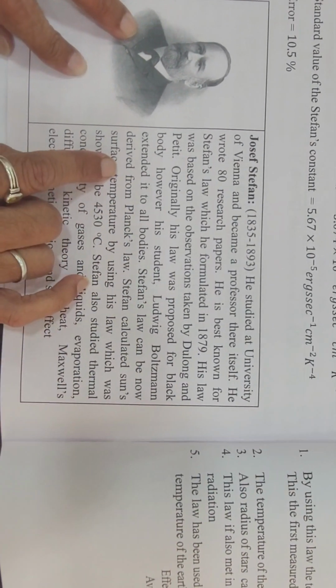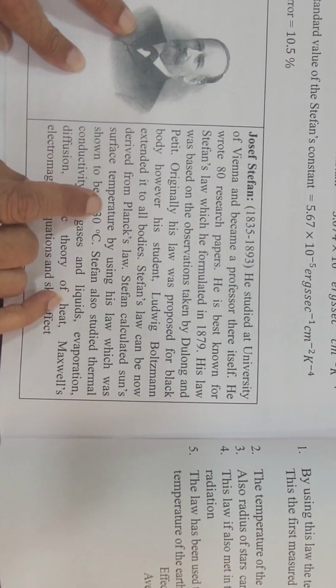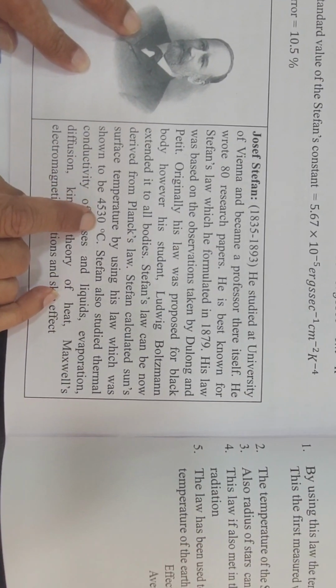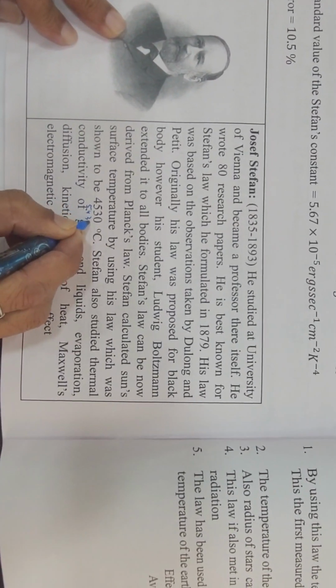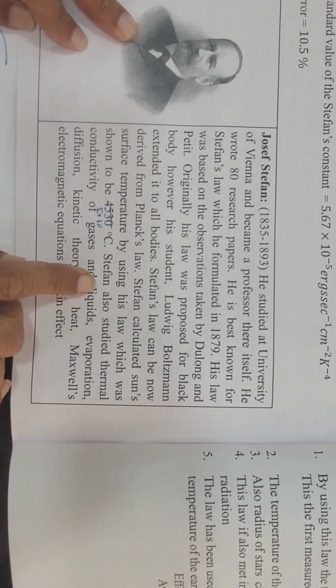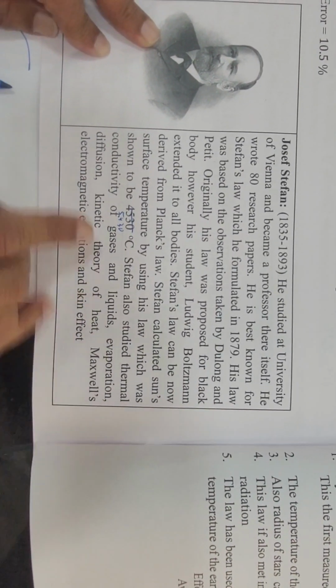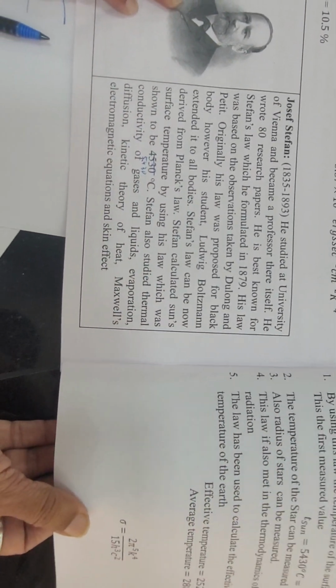Stefan's law can now be derived from Planck's law. Stefan calculated the Sun's surface temperature by using his law, which was 5430. This is a misprint actually. It should be 5430 degrees centigrade. Stefan also studied thermal conductivity of gases and liquids, evaporation, diffusion, kinetic theory of heat, Maxwell's electromagnetic equations, and skin effect.